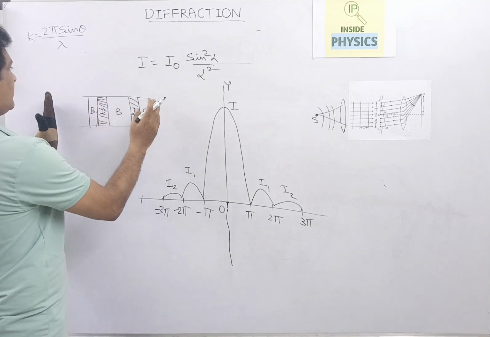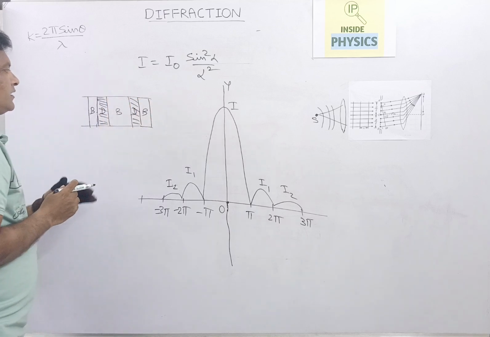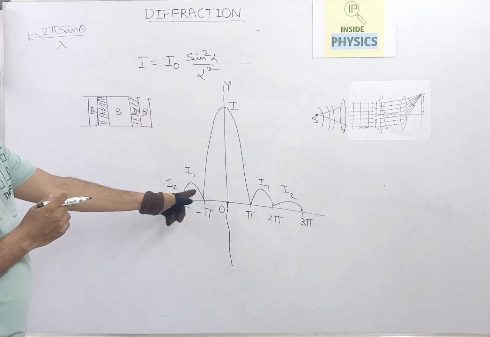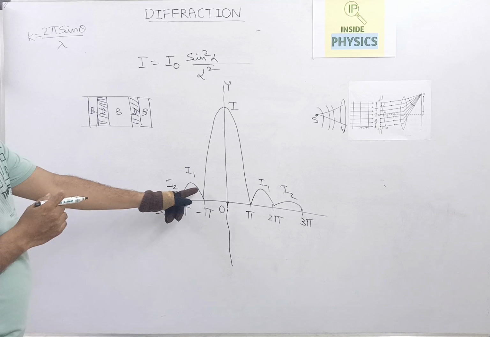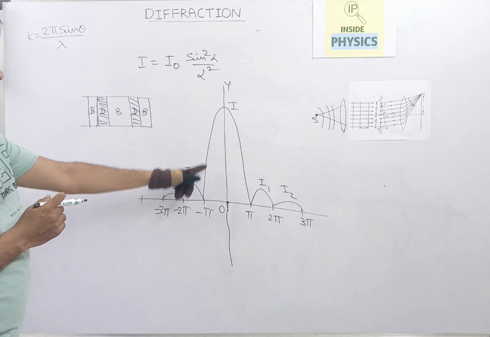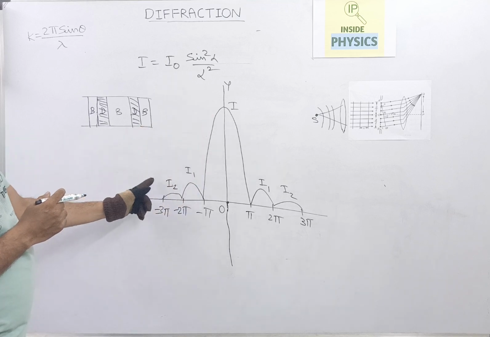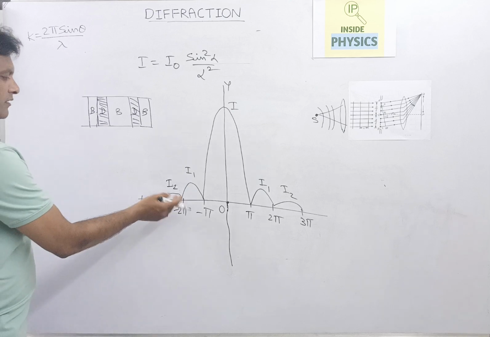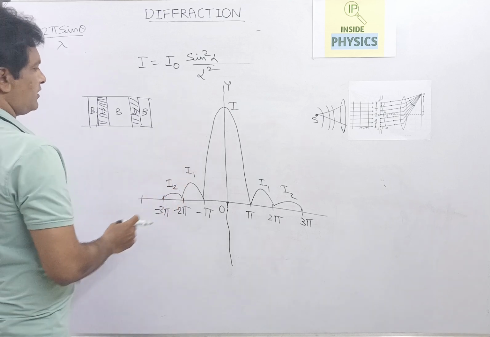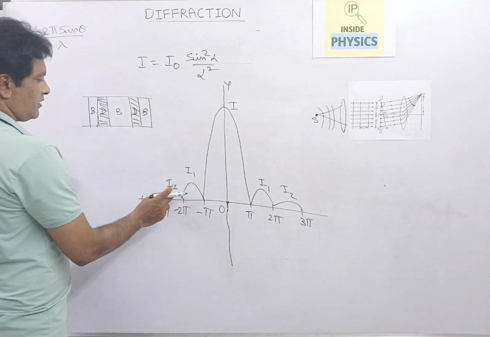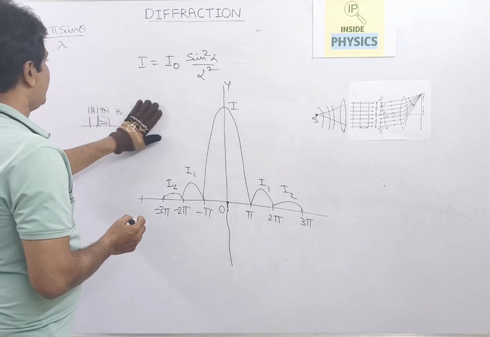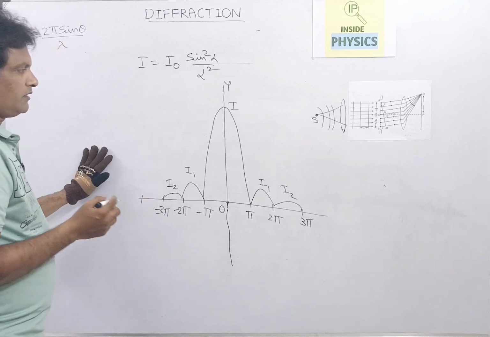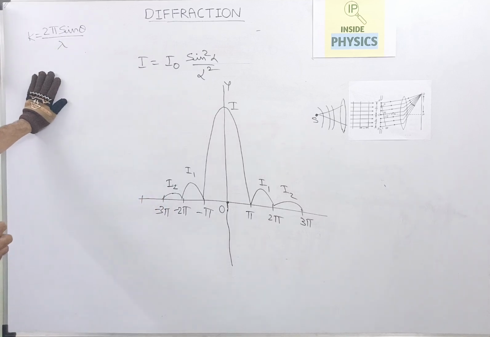So the central bright spot will have the maximum width and maximum intensity. As you go towards the left and right sides, the first order intensity is far lesser than the central maximum, and the second order intensity has fallen further from the first order intensity. So it is not so visible and the intensity is very less. This is the pattern of a single slit, the diffraction called Fraunhofer diffraction.